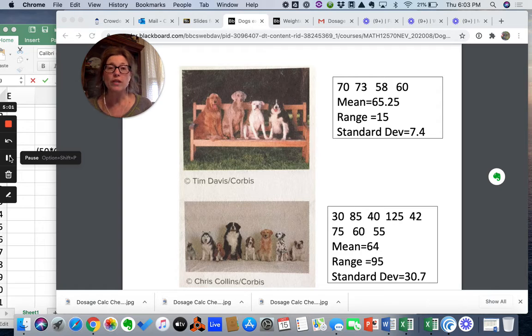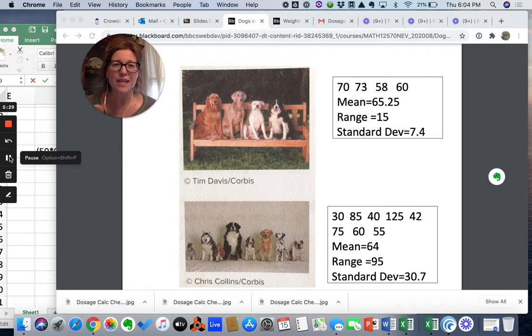What we are going to use, unless you hear otherwise, is sample standard deviation. If you want to talk about the differences between those two things, let me know and I'll point you to some extra resources if you just really want to geek out on statistics. But since we're just scooting across the surface of statistics, let's just stick with sample standard deviation. They're pretty close to the same.